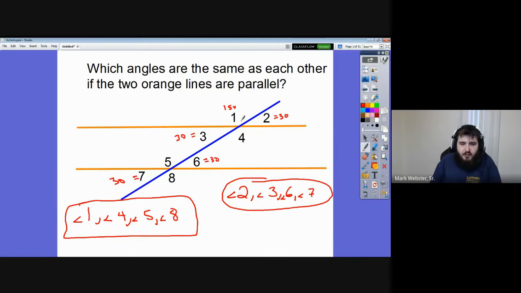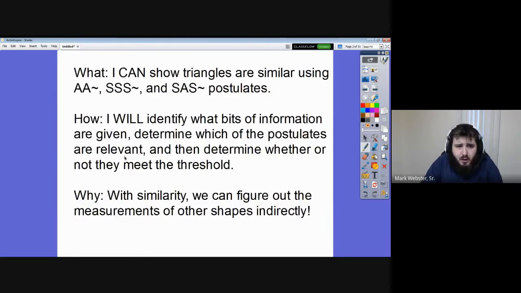And then all the other ones are going to have to be 150. So it's just a matter of identifying which pairs work. And we're going to see that this is going to be really useful today, especially going later.